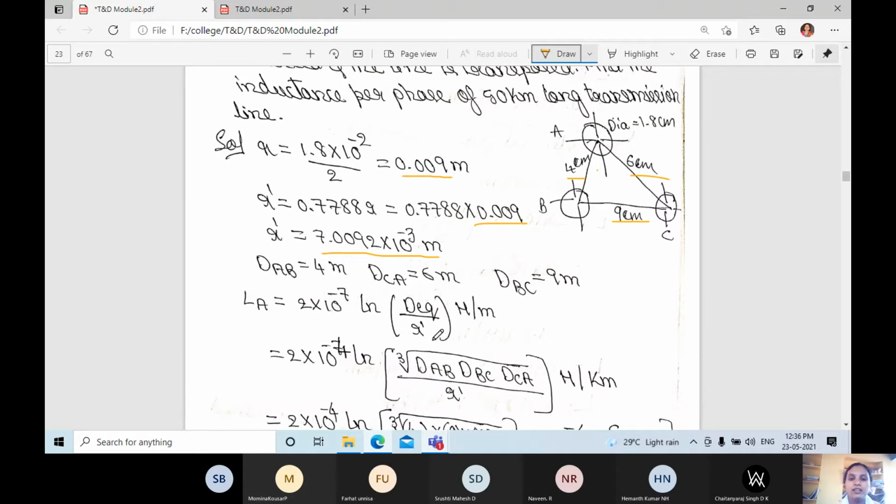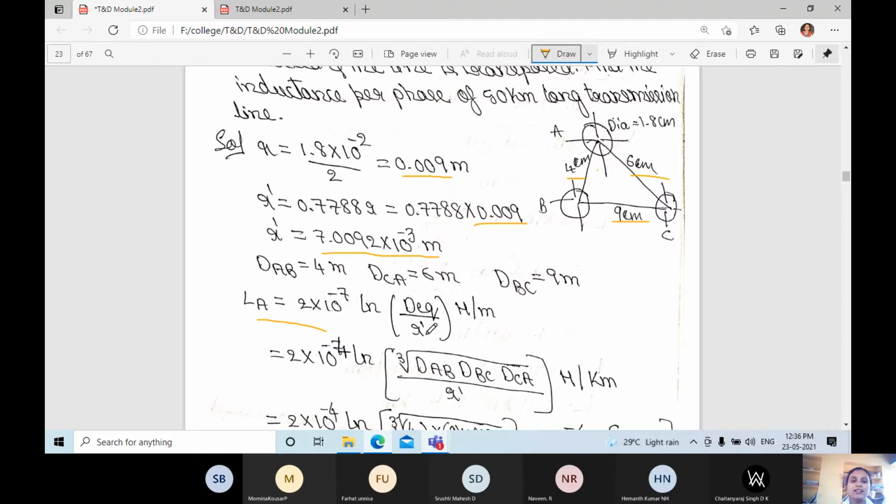Next, DCA, that is DBC. They have given the values of the distance between the conductors. The equation for this is the transposed equation. LA is equal to 2 into 10 to the power of minus 7 ln D equation divided by R dash. In the last class, we derived this equation.